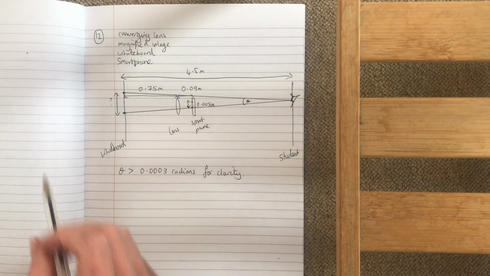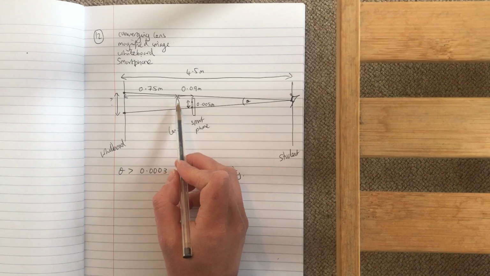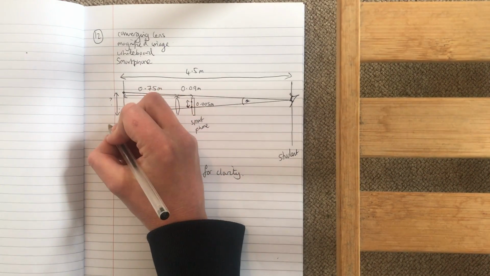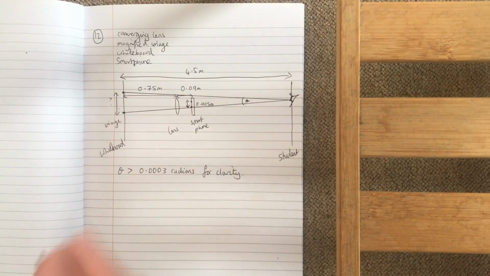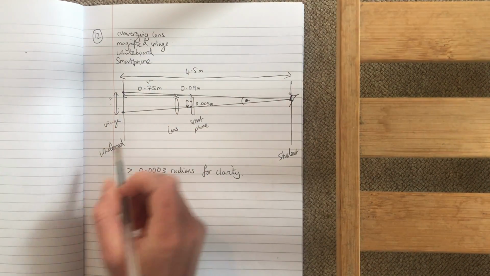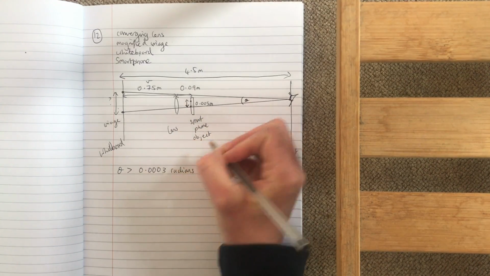So let's just start by putting some information. 0.75 meters, the distance from the lens to the image. Okay, so this is the image. We give that the letter V. The smartphone, that's the object in this example.